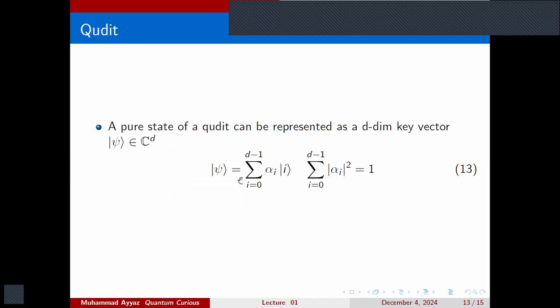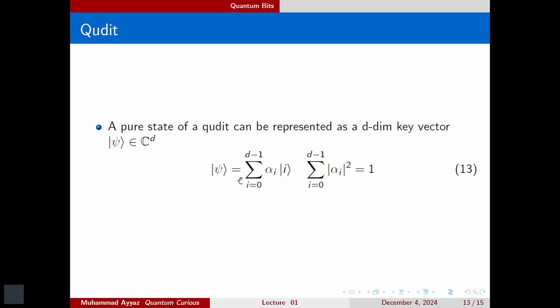So similarly, we have the idea of the qudit. In a qubit, we have a two-dimensional vector space, and a vector can be spanned by only two basis vectors. But in the concept of a qudit, we have a d-dimensional space, and the state vector can be spanned by d vectors, and the associated amplitudes are also d in number.